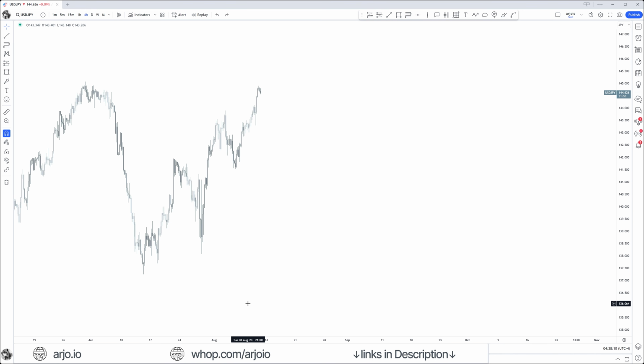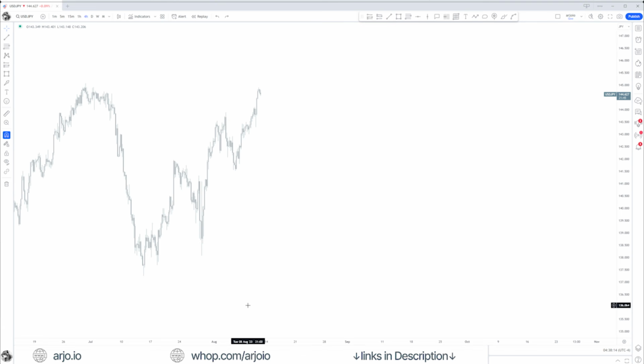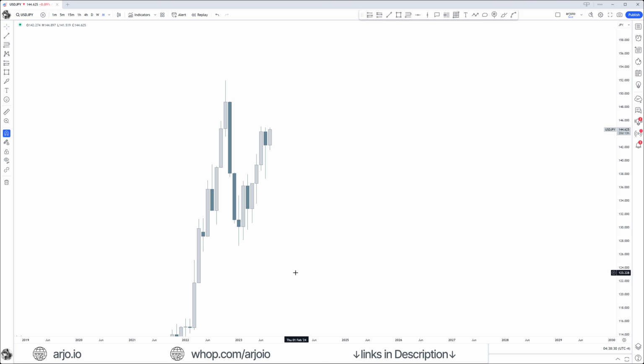So here on USD JPY, what is the context? If we move on to the monthly time frame, here we have the monthly time frame, and what we can see, we are coming into an order block right there with an overlapping fair value gap. In the weekly forecast, we mentioned this, and the beauty of this monthly context is what? Because now on the weekly, on the daily, on the 4 hour, you already know where it is likely heading.